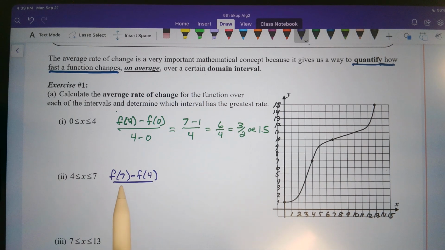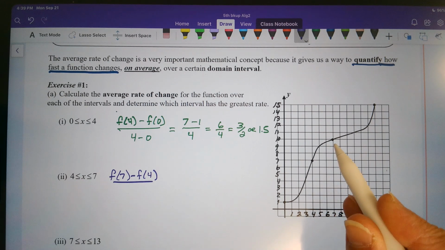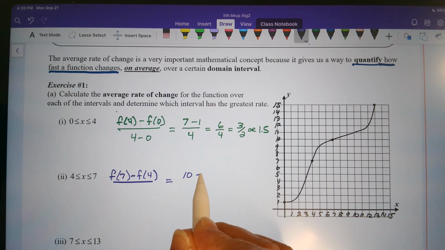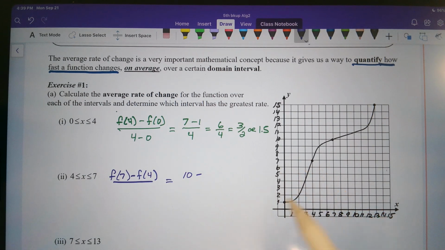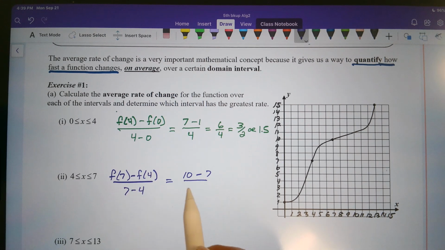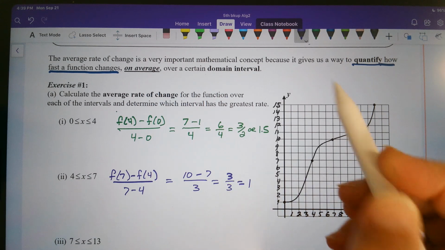But continuing here, f of 7 minus f of 4, f of 7 is 10, minus f of 4 was 7. And the denominator would have been 7 subtract 4, which is 3. So 10 minus 7 is 3, divided by 3 is 1.